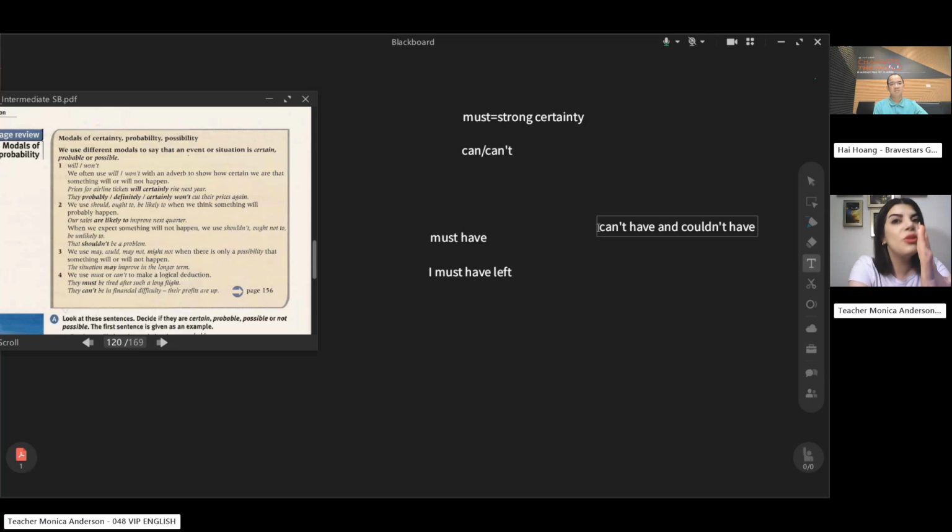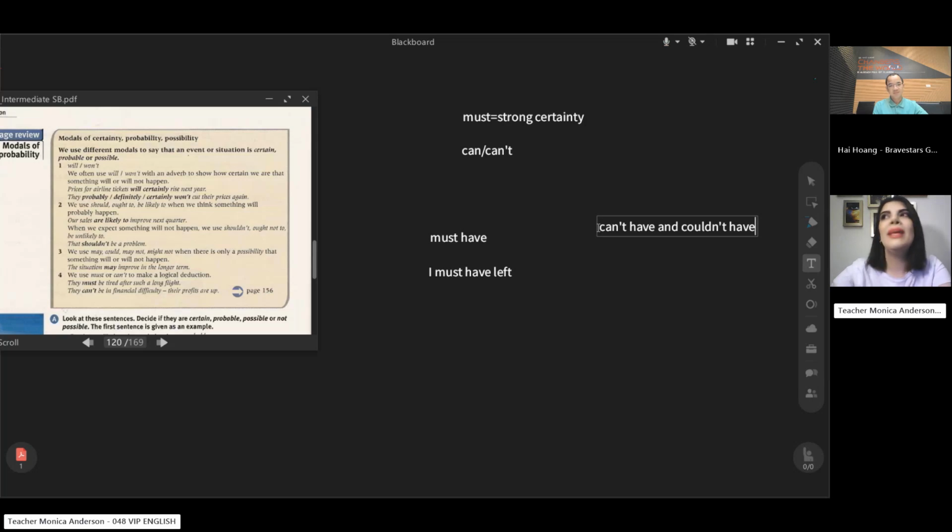It's okay. But in the third conditional, you are talking about another situation. But when I say, for example, he couldn't have stolen, it means I'm sure that he couldn't, okay? It is impossible. So that is the meaning of couldn't have or can't have here.